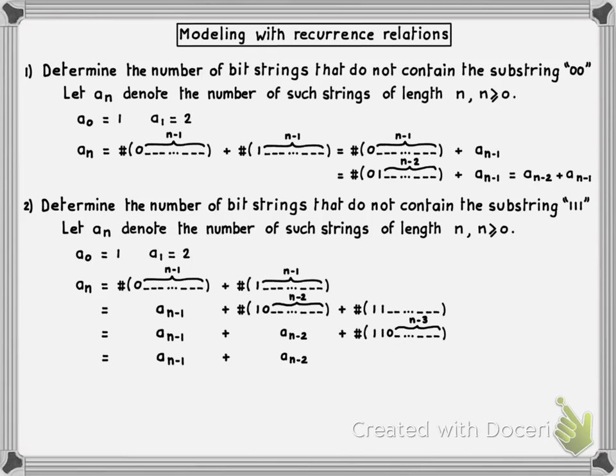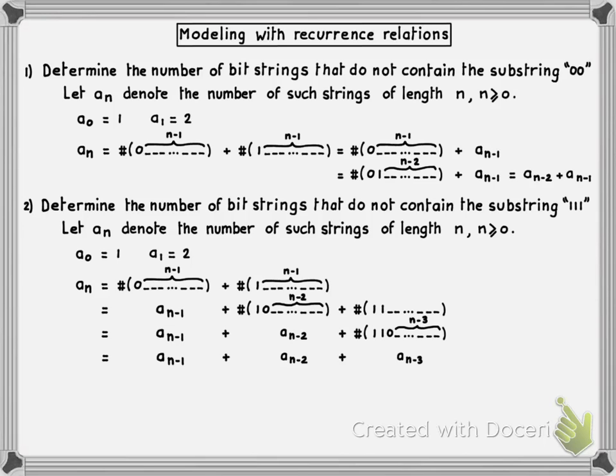So it's the total number of strings of length n minus 3 that do not contain the 111 pattern. And that number is a sub n minus 3. So there we have it. You have a sub n is equal to this sum of the three previous terms, and that's our recurrence relation.